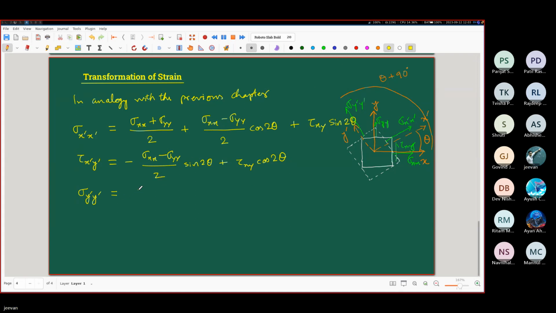So this is (sigma xx plus sigma yy) by 2 plus (sigma xx minus sigma yy) by 2, following exactly the first formula, but instead of theta I put theta plus 90 degrees. Similarly for this tau xy, sine twice theta plus 90 degrees. Now you tell me what should be this.